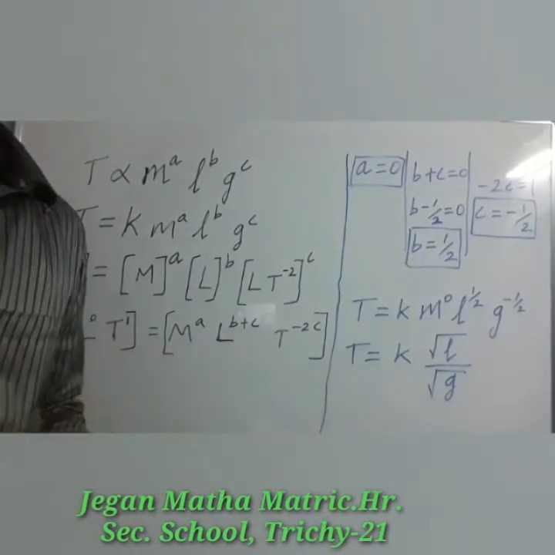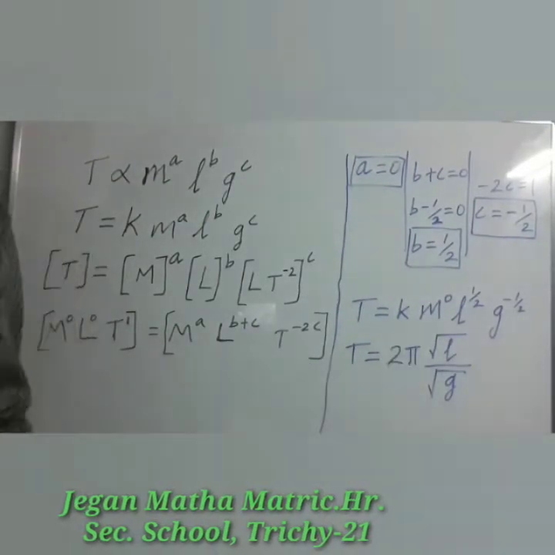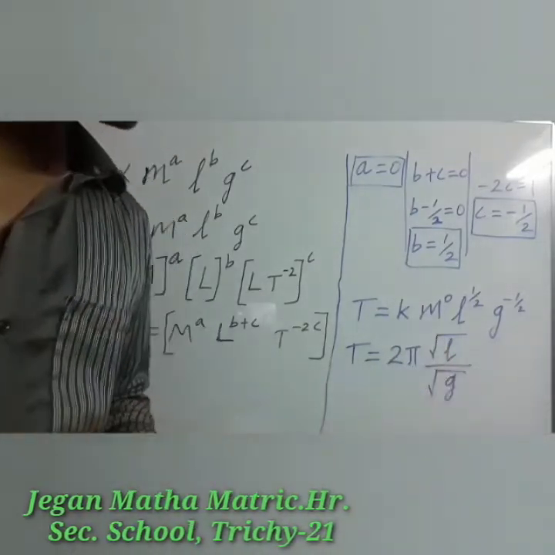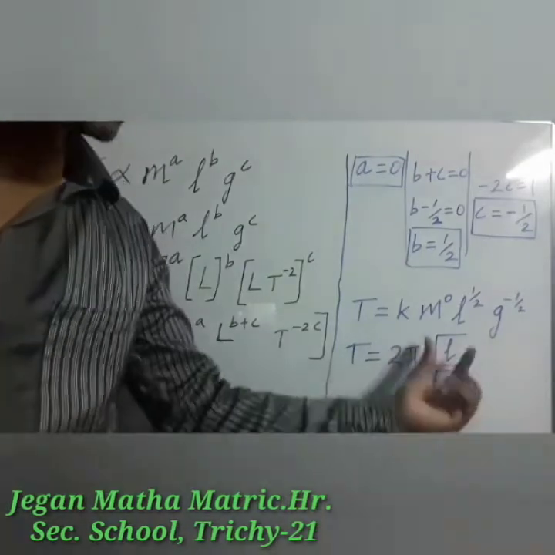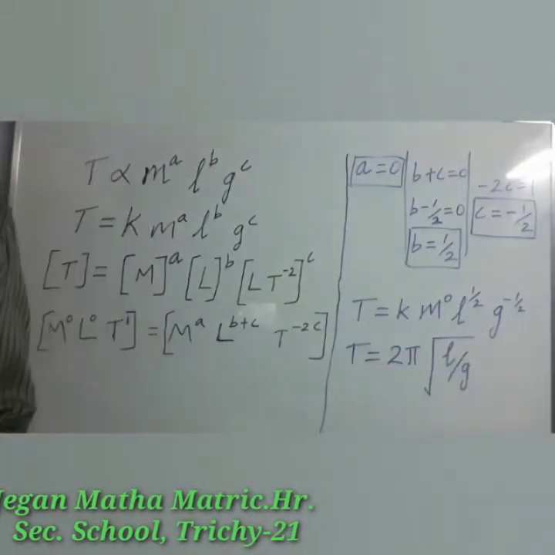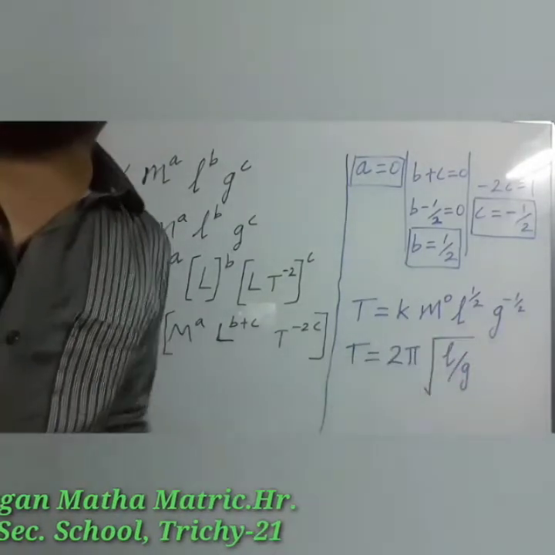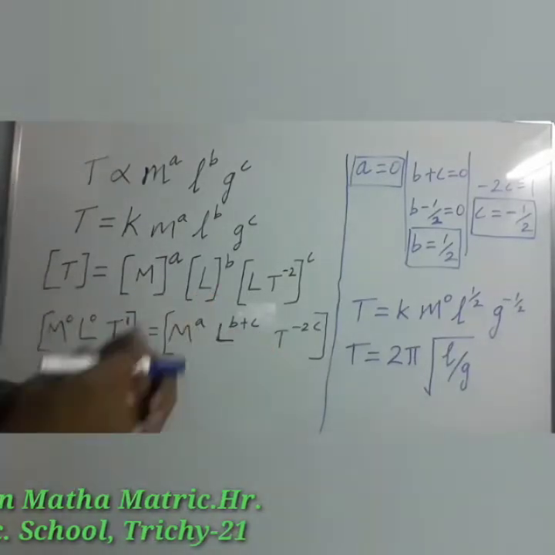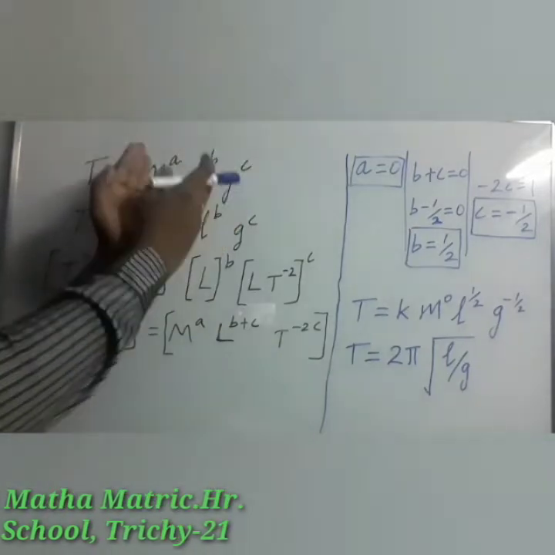It is nothing but 2 pi. So instead of k we can write 2 pi. Square root is common, so it can be written as 2 pi square root of L by G. Here we have established the relation between the time period and the 3 quantities.